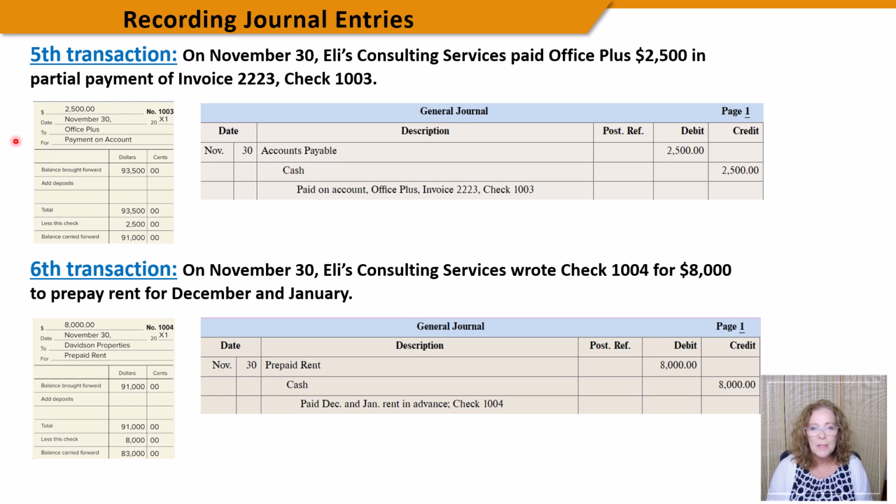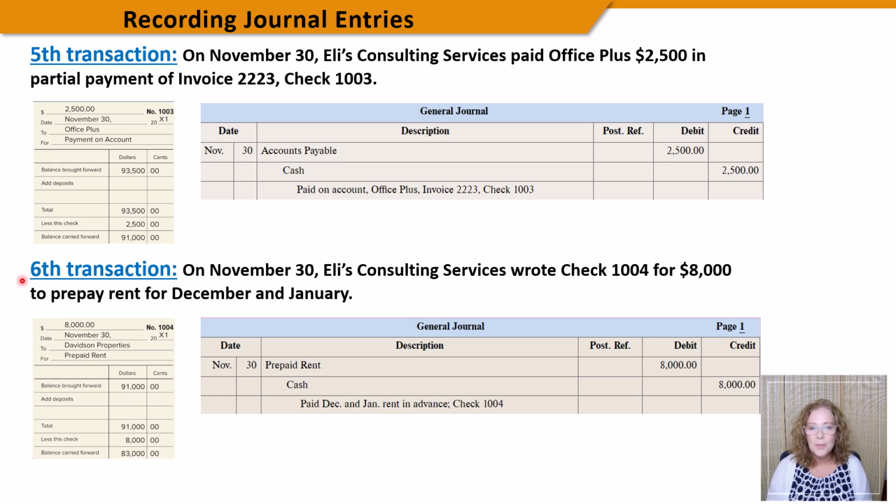For this business transaction, we debit accounts payable for $2,500 and credit cash for $2,500. Why? Well, our accounts payable decreased, and accounts payables are liabilities, which increase with credits and decrease with debits. We credit cash because it is an asset, and assets decrease with credits.